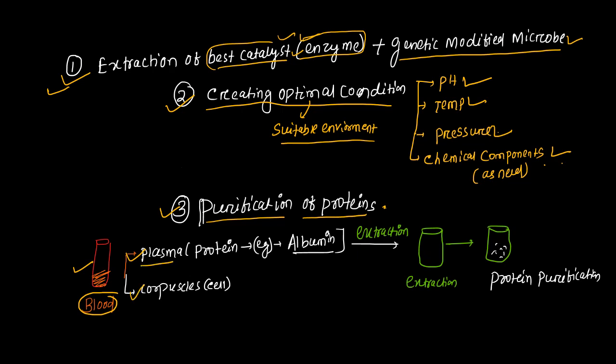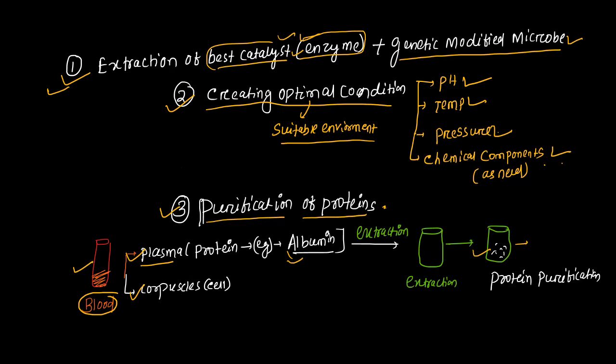Plasma contains different proteins. One example of a protein is albumin. This albumin is extracted and then purified. This purified protein helps in different functions. So this is known as purification of proteins.